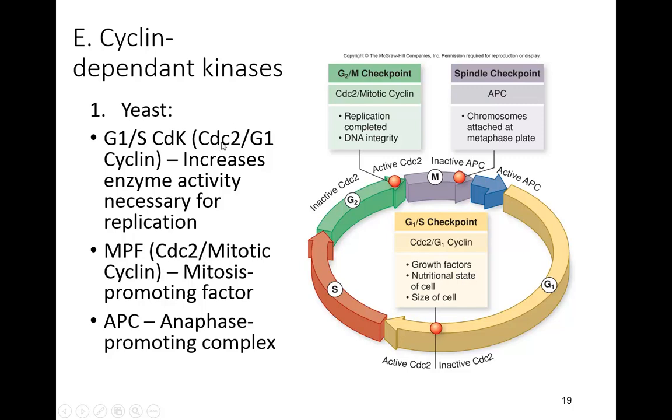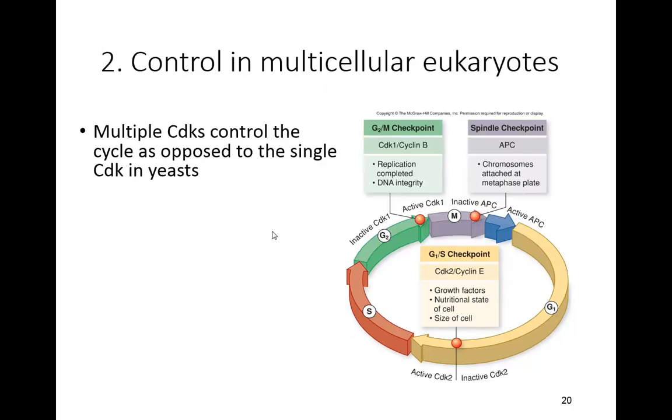The same cyclin-dependent kinase is used, but it's bound to a different protein, a different cyclin. And then the last one is the anaphase promoting complex, and that will allow chromosomes to go through cytokinesis. Okay, that's in the yeast.